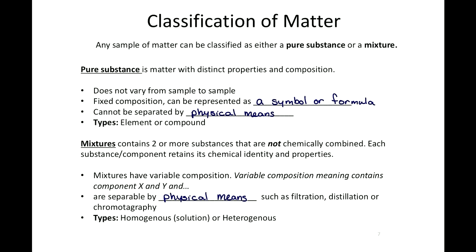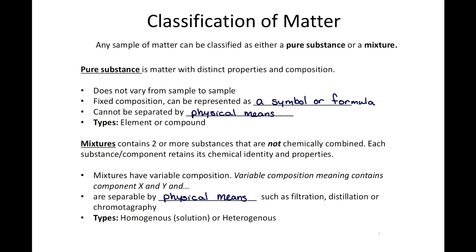So a pure sample of water. Water has what formula? H2O, yes. And so since I can write water with a single formula, that is a pure substance, right? A pure sample of oxygen, O2, that's an element on the periodic table, also a pure substance, right?